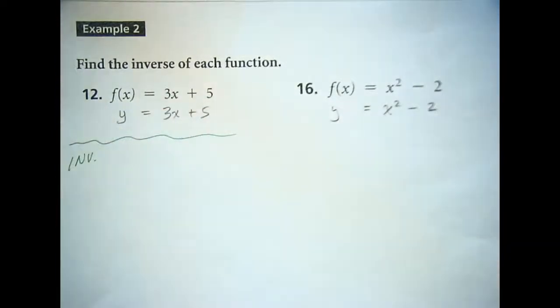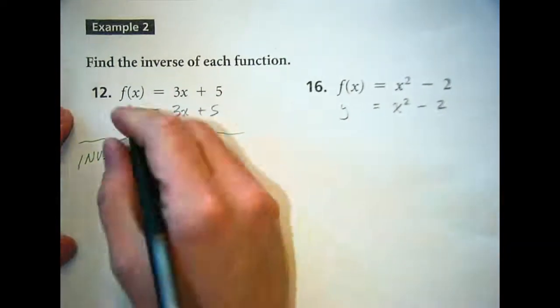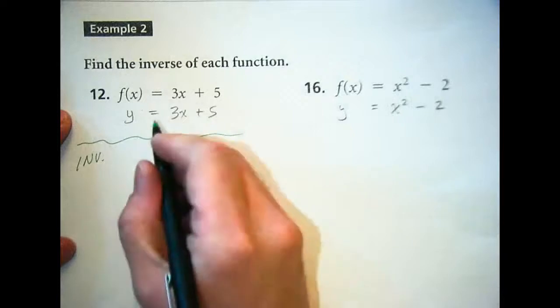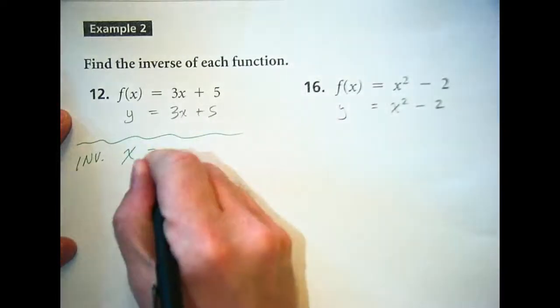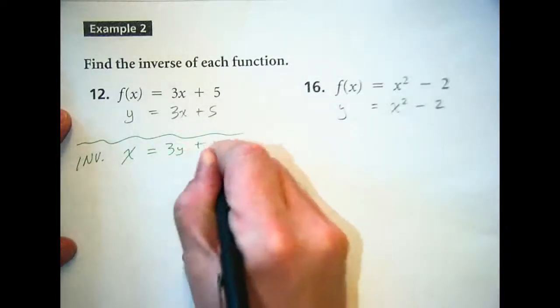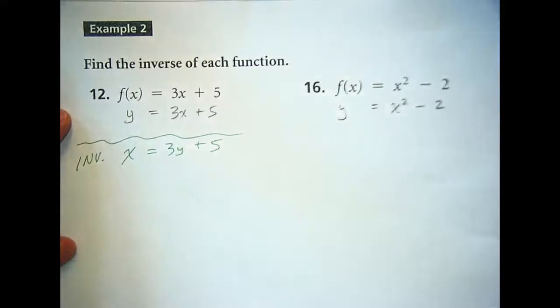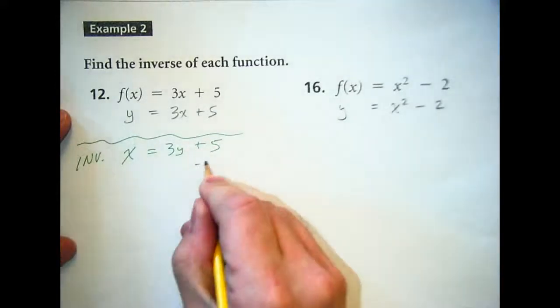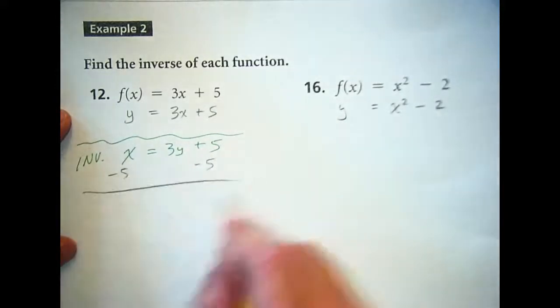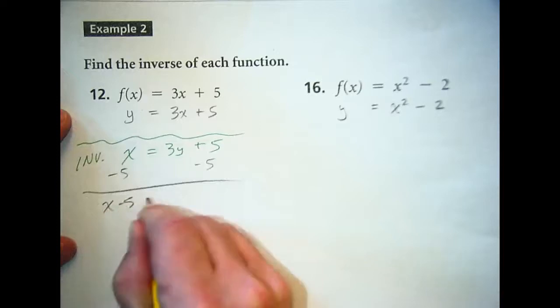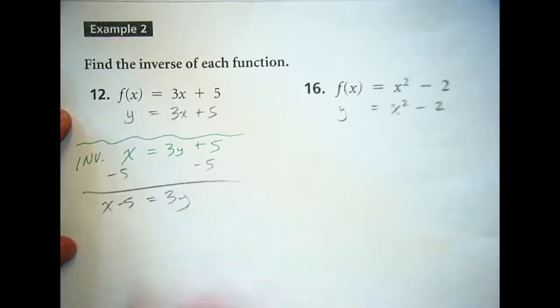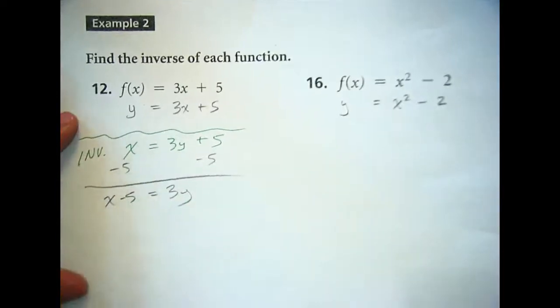Okay, the inverse on number 12. We switch x and y, right? So now rather than y equals 3x plus 5, we have x equals 3y plus 5. And then getting y by itself. Subtract 5. And you get x minus 5 equals 3y. And then dividing by 3.